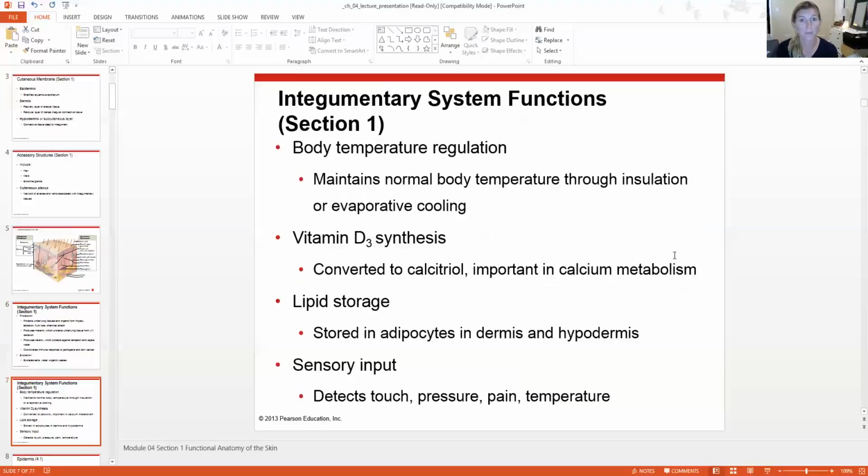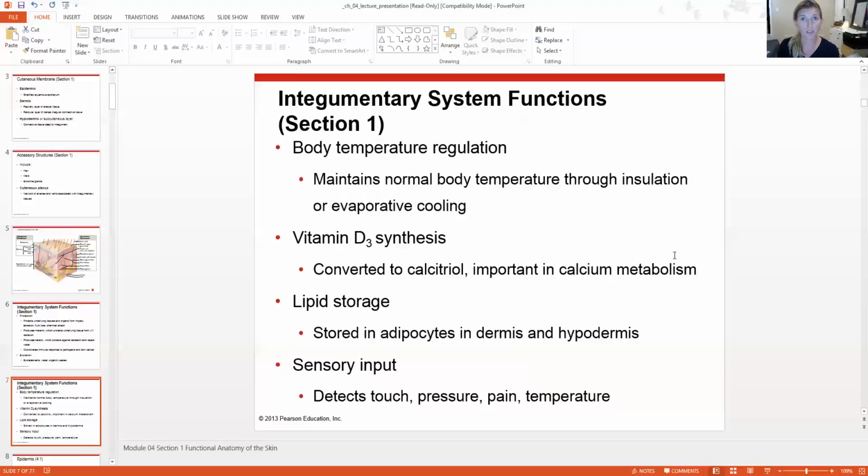Our skin's also there for body temperature regulation, helps us sweat through evaporative cooling. It also serves as insulation, that subcutaneous layer. There's also vitamin D that is synthesized in our integument. It's then converted into calcitriol in the kidneys, but the vitamin D is being created through a special cellular reaction that's brought on by UV light.